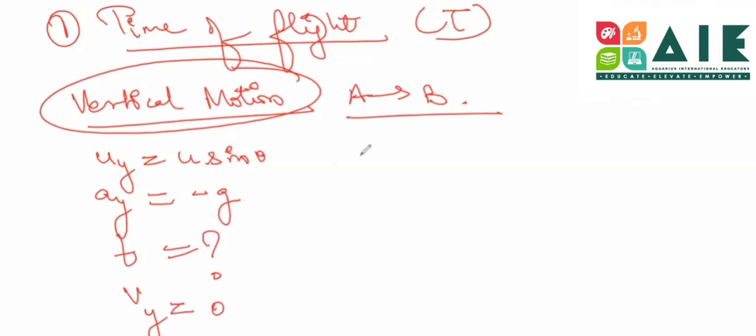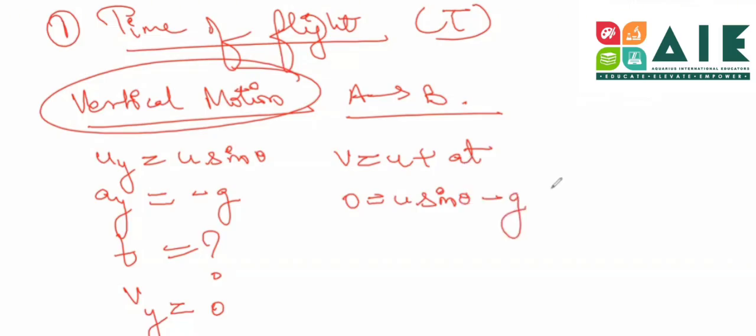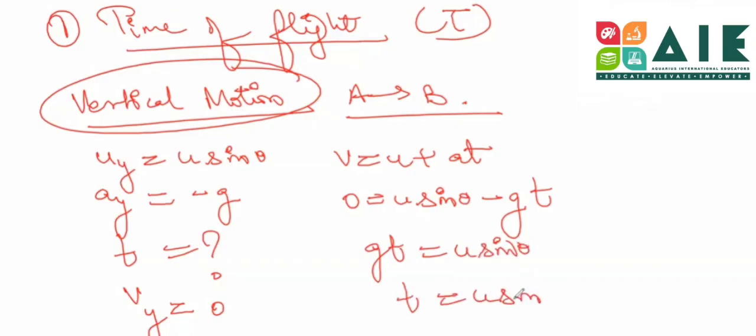Clear? Let's apply the formula. v equals u plus at. So v is 0, u is u sine theta, plus a is minus g into t. Correct? So that means gt equals u sine theta. So the time period formula is u sine theta over g.